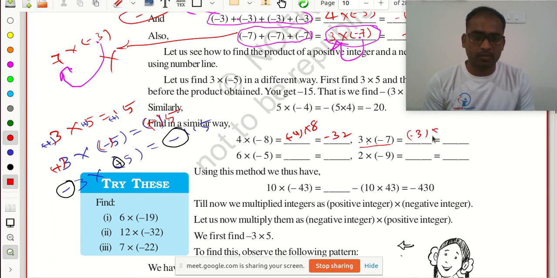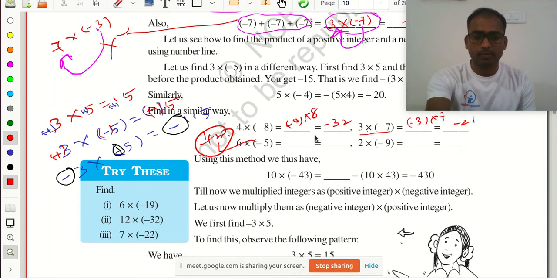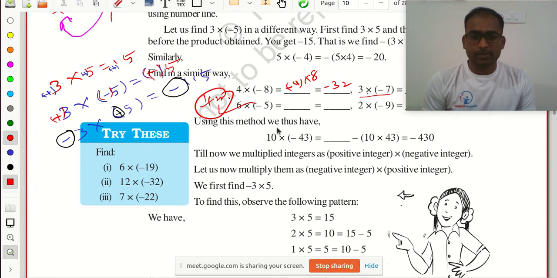Minus 3 into 7, minus 21. So like this, you write for this one. This is a homework for you. Okay? Next, using this method, 10 multiplied with minus 43, how much will I get here? Minus 430.